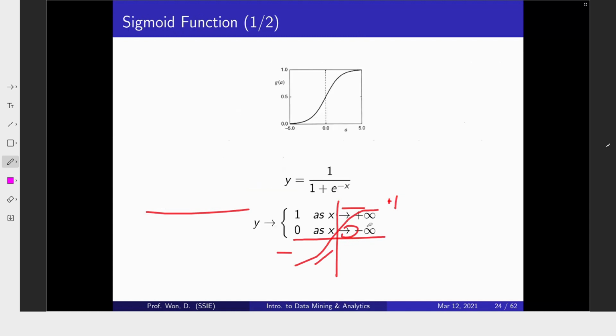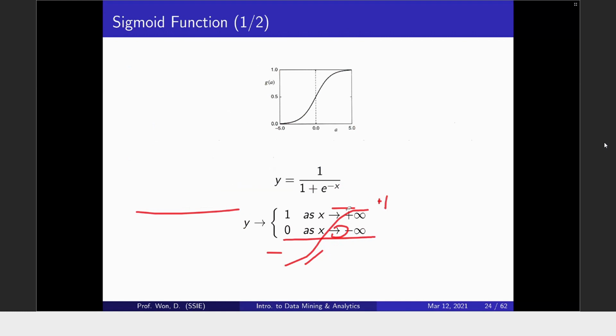Okay, this is the sigmoid. As you can see, think about this as our outcome, yes or no. Let's think about it as binary classification, for example, going outside or not.